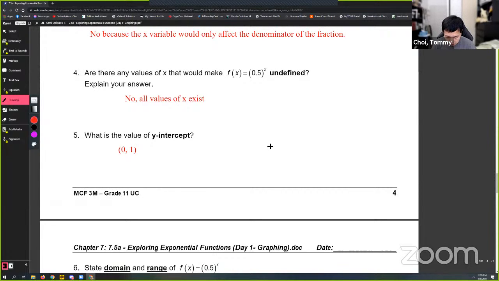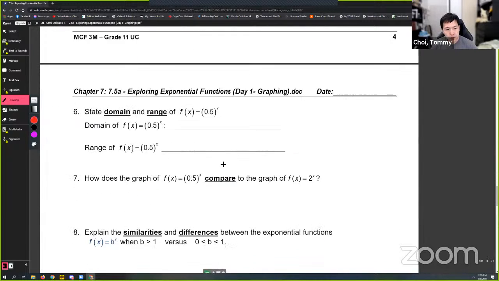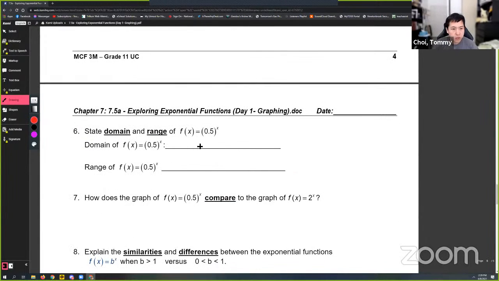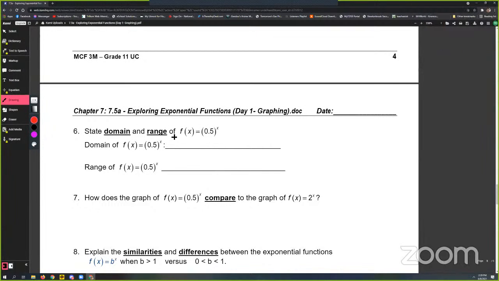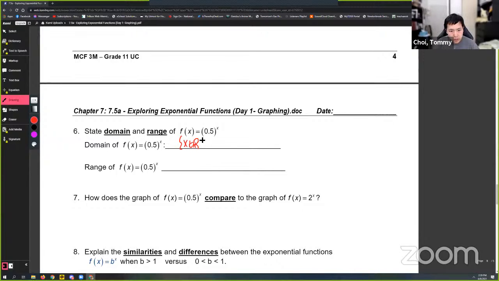Domain and range? Perfect. Thank you. All right. Domain x ∈ R is correct. And then we have y ∈ R such that y is greater than 0. It's the exact same thing. Nothing has changed from the previous one for the domain and range, right?